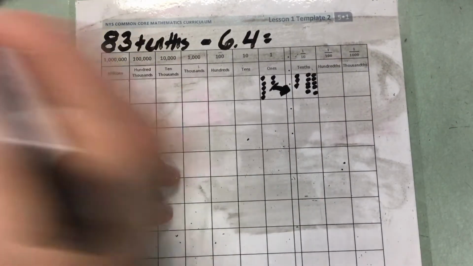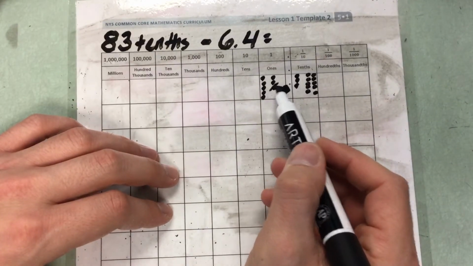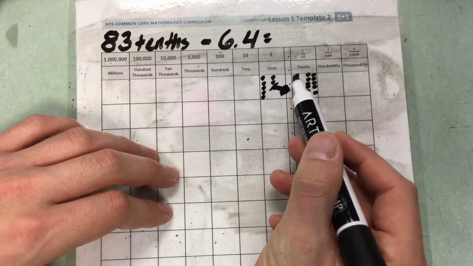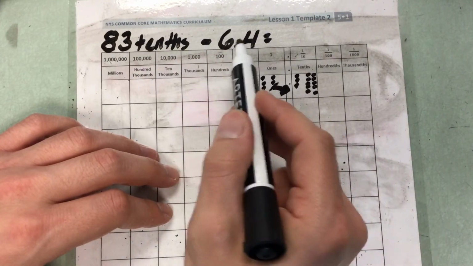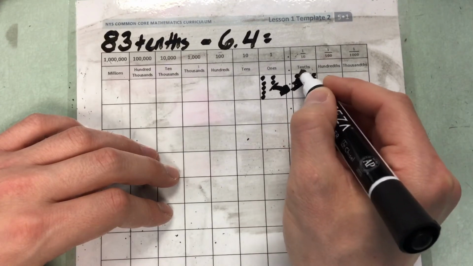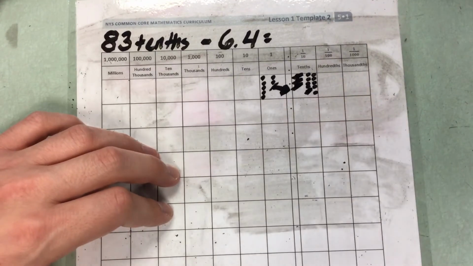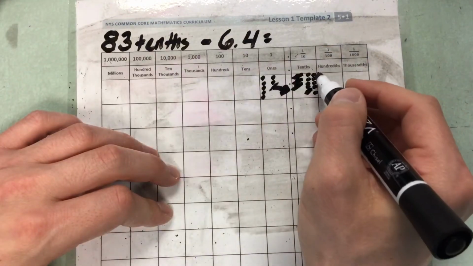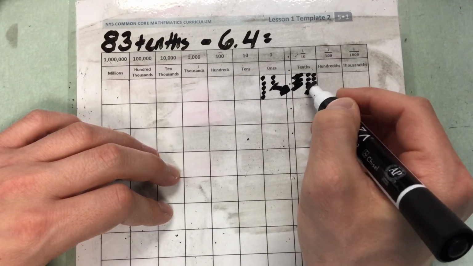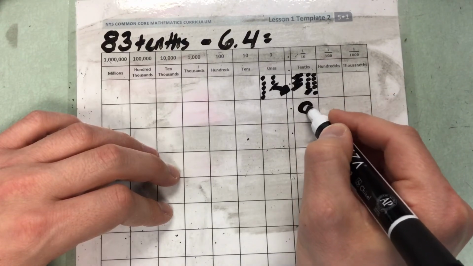So now that I've unbundled 1 one to become 10 tenths, now I have a total of 13 tenths. So now I can take away 4 tenths. So I'm going to take away 1, 2, 3, 4 tenths, which would leave me with 1, 2, 3, 4, 5, 6, 7, 8, 9 tenths.